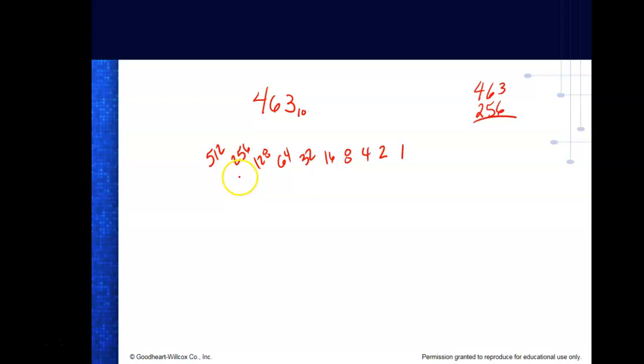No, I'm going to binary. I was demonstrating. Y'all were supposed to do this to binary for me. What do we get for our binary number?